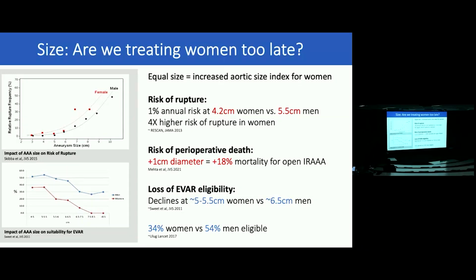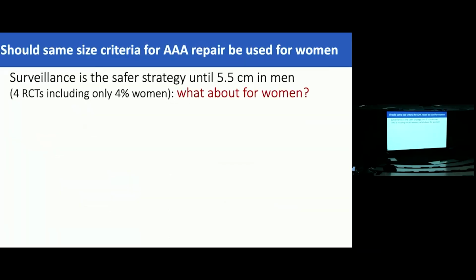And like I said, they lose EVAR eligibility. Because their proximal neck degenerates at around 5.5 centimeters, almost 60 to 70% of women are not eligible for just an infrarenal device. Then you have to do a more complex device, like a fenestrated device, that adds more perioperative mortality and morbidity.